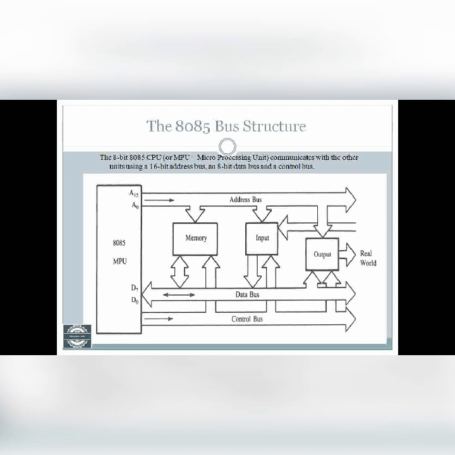The memory and input/output, which come from the real world, all the instructions go through the data bus D0 to D7, and the control is handled by the control bus. This is the last line, you can get the last row. This is the total bus architecture.